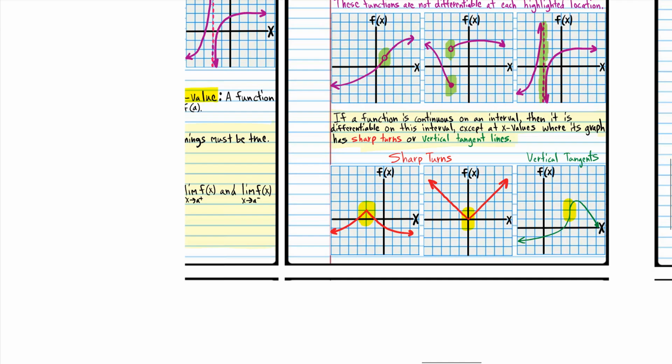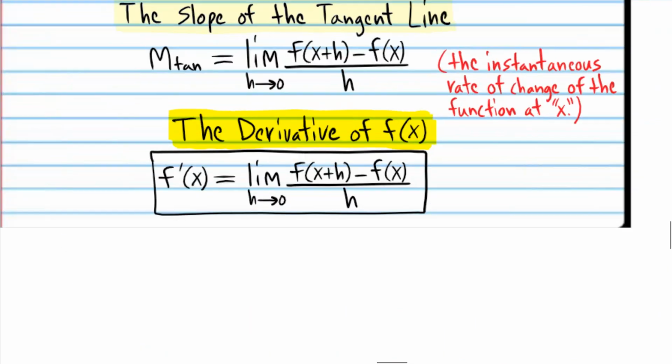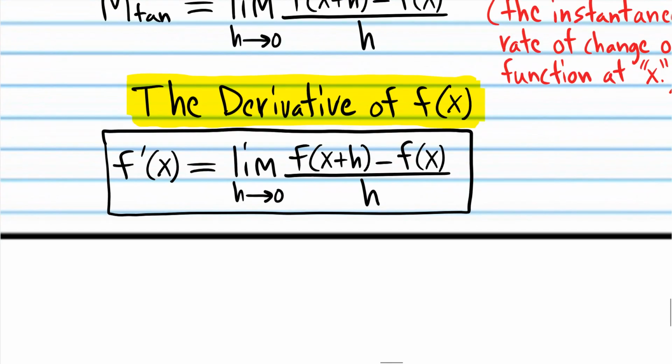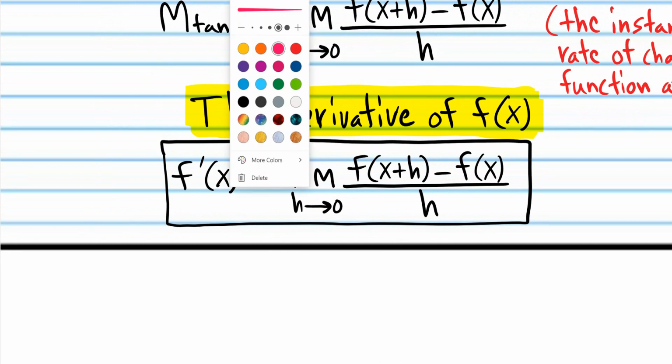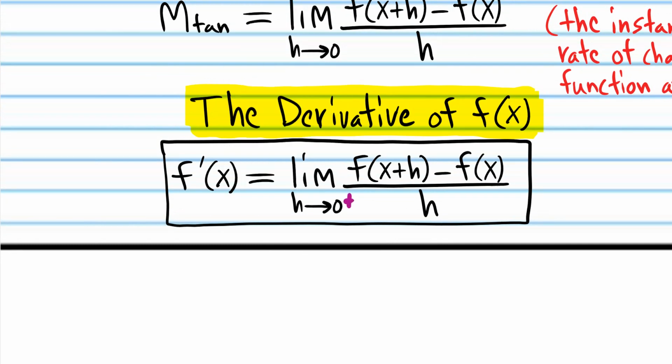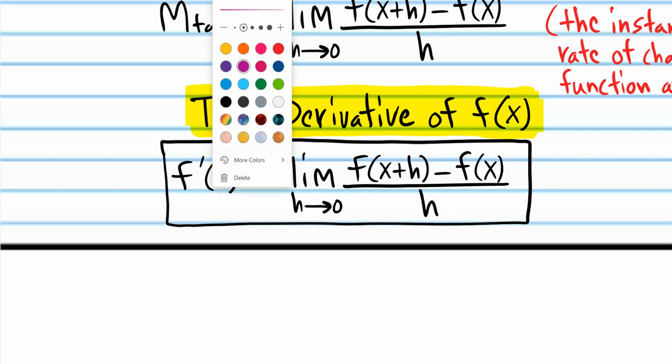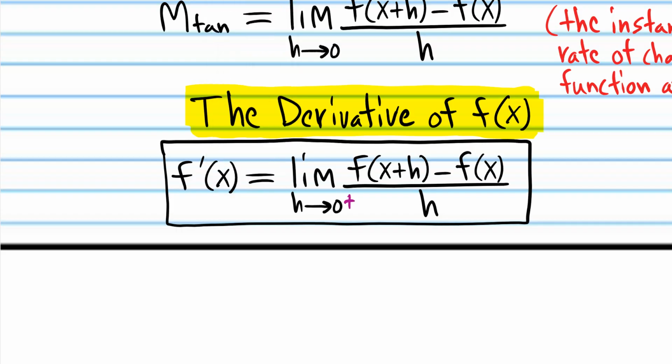Well, remember, in order for a limit to exist, first of all, we call this a two-sided limit because the 0 does not have a purple plus or a purple negative symbol.